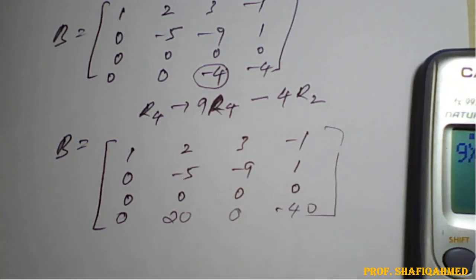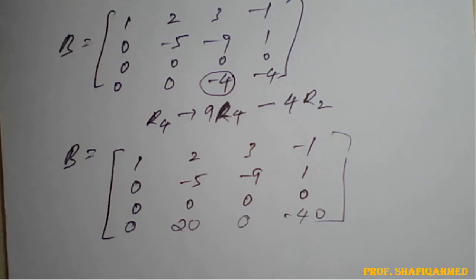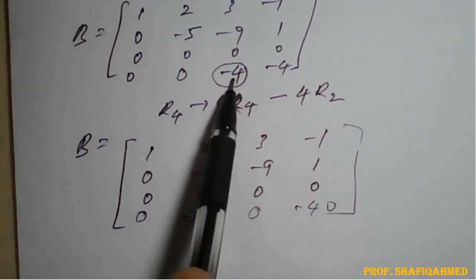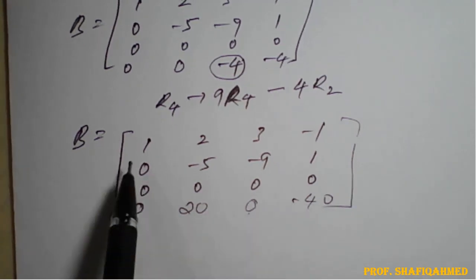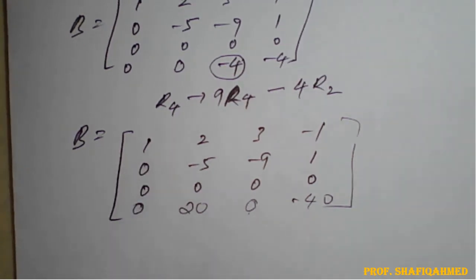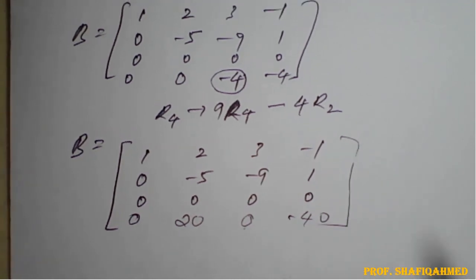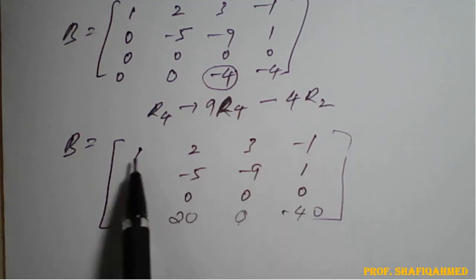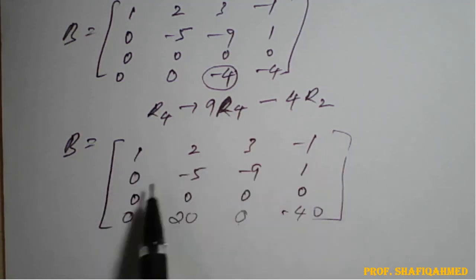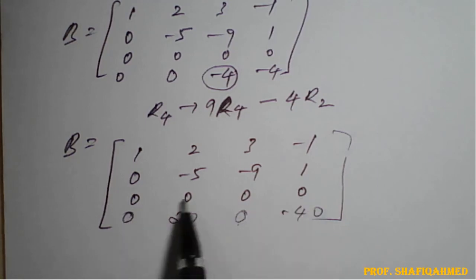One thing you have observed here: while making this element 0, we made it 0, but we got a number again. So this is not going to be reduced completely. You can see how many rows have elements. The first row has all elements, the second row also has elements, but the third row has no elements, all are 0.